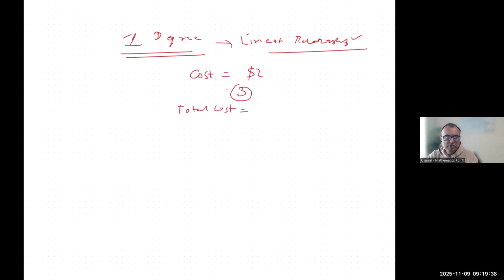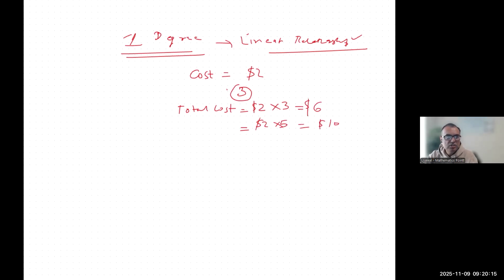Absolutely. So what you've done is $2 times 3. So it is $6. Now your sibling comes in and they pick up 5 candies. How much would they pay for 5 candies? So $2 times 5 makes it $10.